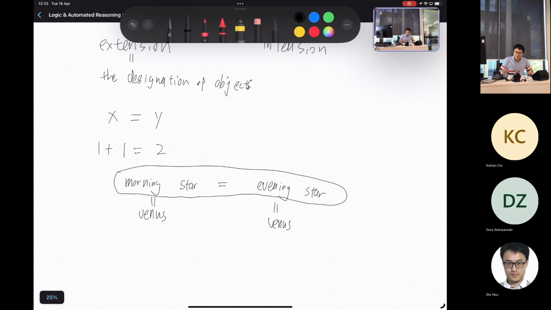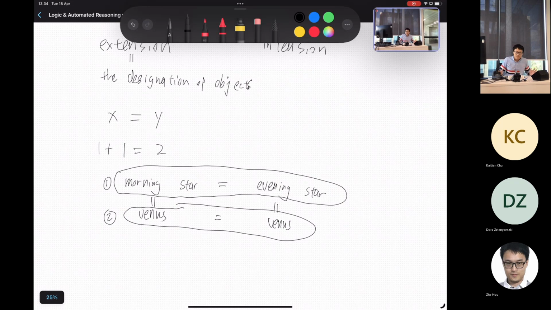But if I told you Venus equals Venus, you would think I'm wasting your time. So that's the problem here. From mathematics' point of view, from extension's point of view, these two sentences are equally valid. There's no way you can distinguish them. Anything that you can connect with an equal sign, you can substitute the left with the right, and nothing changes.